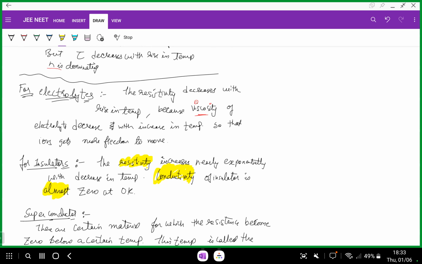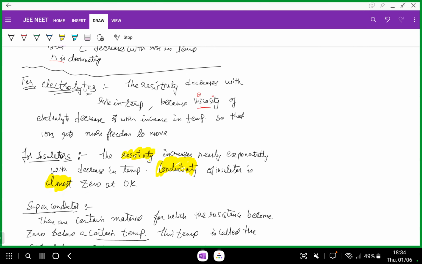We'd be pretty dead, because whatever we are charging or doing, it would get detected and we would get shocked. So insulators don't have free electrons, first of all. They have high resistivity, and because of that, the conductivity of an insulator is almost zero.